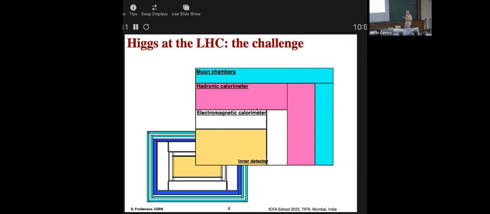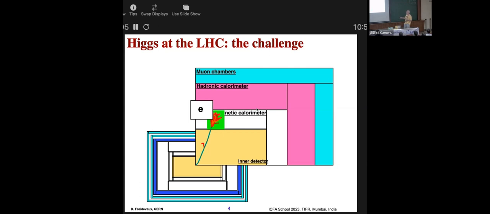So here is a little bit of a cartoon of what happens inside our detectors. If we want to detect an electron, we want to see a track in the tracking detector. Sometimes this track is perturbed because it crosses material inside the detector, especially with electrons.